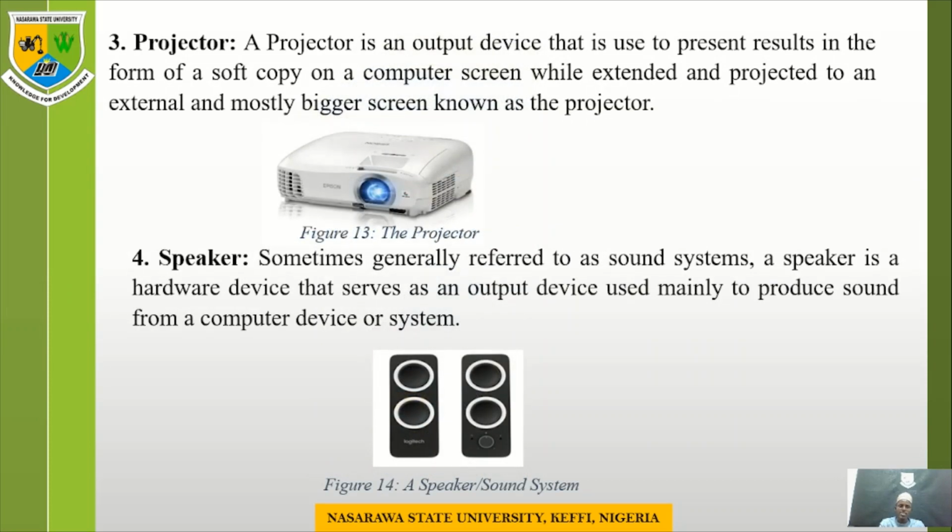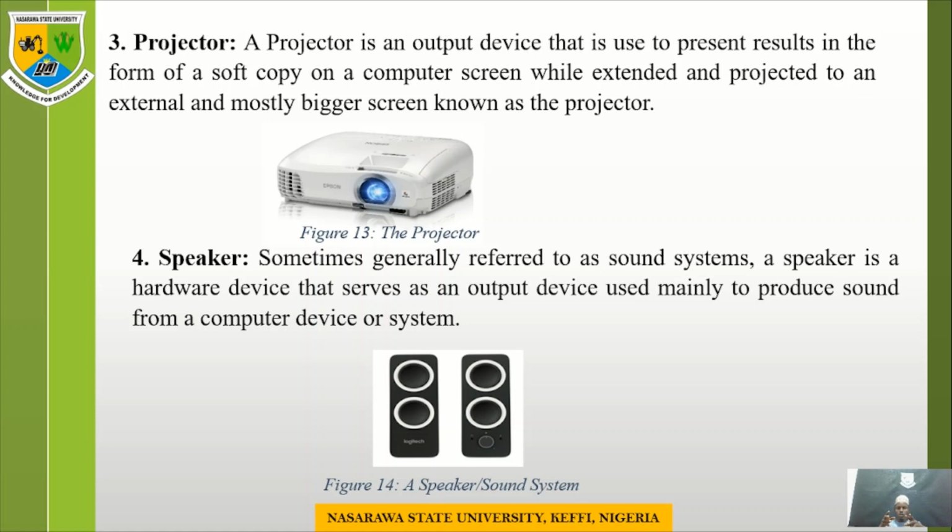So another example of an output device we have is the projector. We all know the projector. A projector is an output device that is used to project your screen, the screen of your computer.